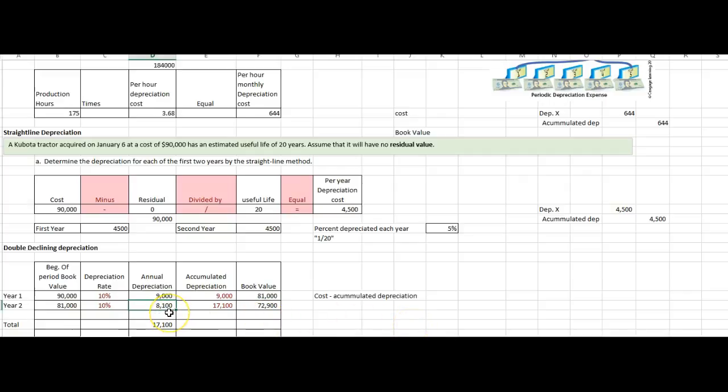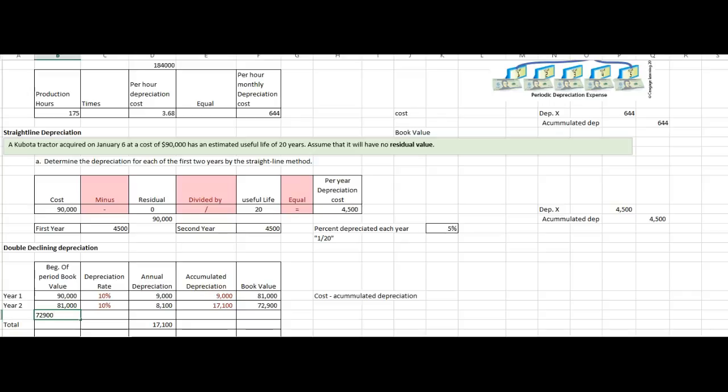I add the $8,100 onto the $9,000 and come up with $17,100 accumulated depreciation and a book value of $72,900. Now, that $72,900 gets put down here, and you do the whole process all over again.